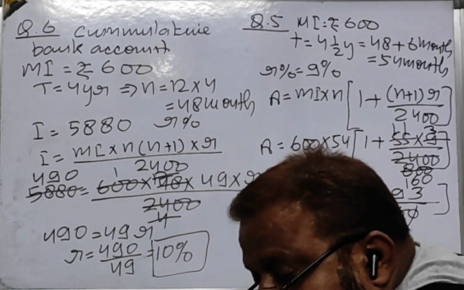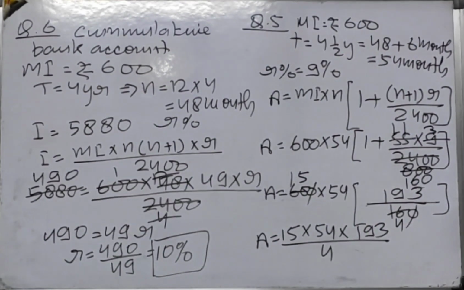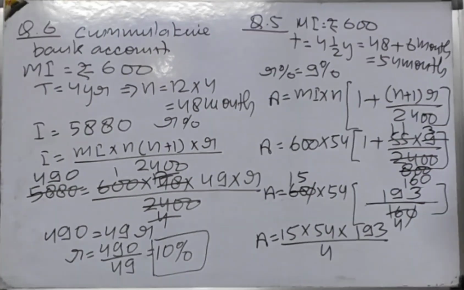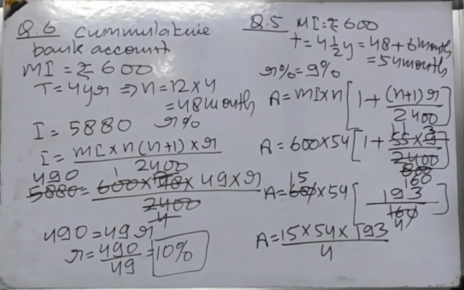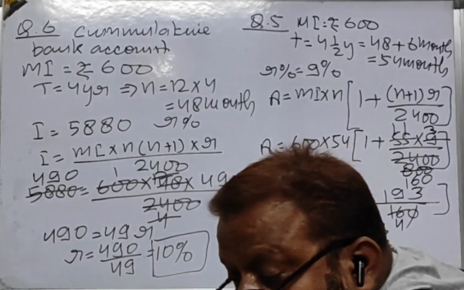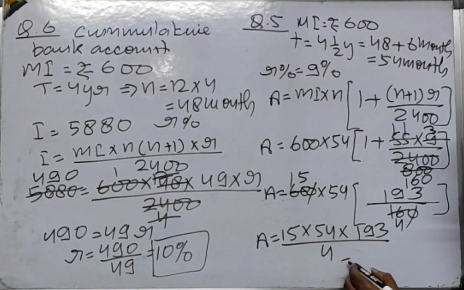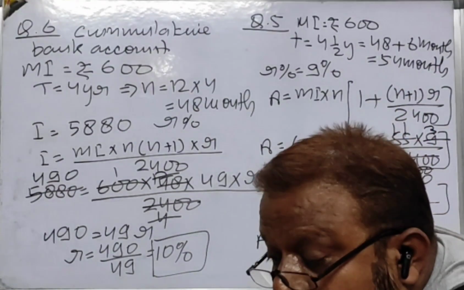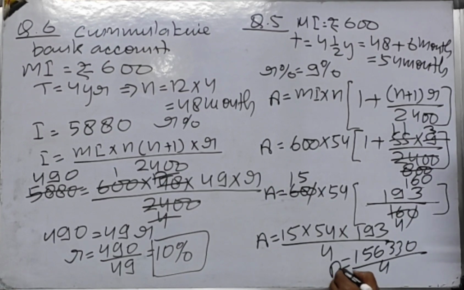Do it. So this is coming 1,56,330 divided by 4, right?